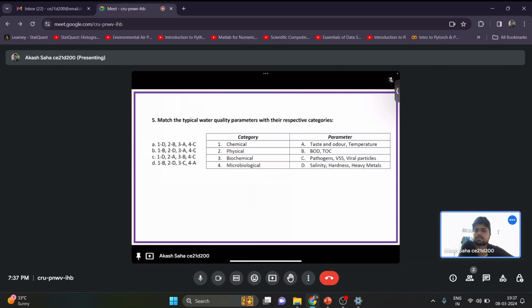The next problem is a matching type. We have been given four categories: chemical, physical, biochemical, and microbiological. Which category corresponds to what factors? The options are given.